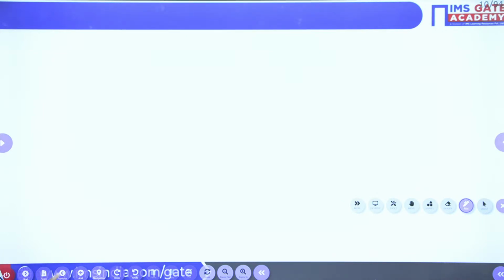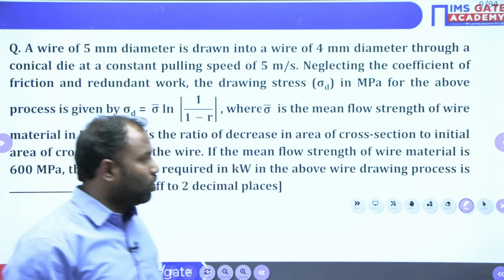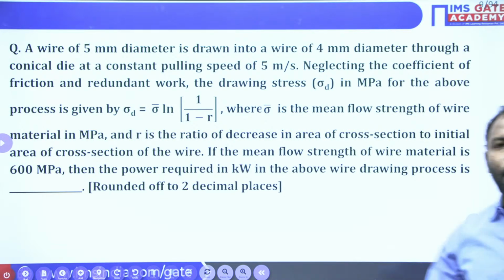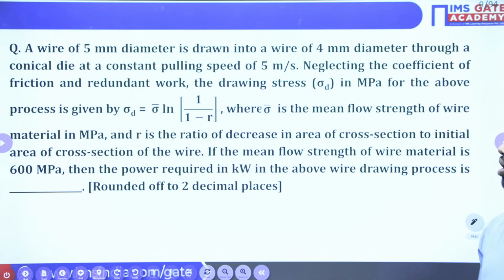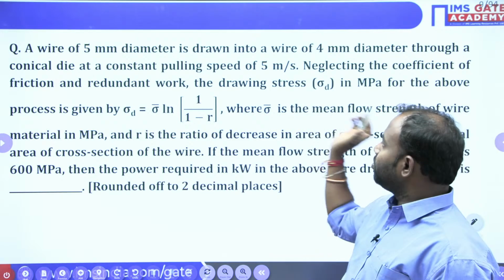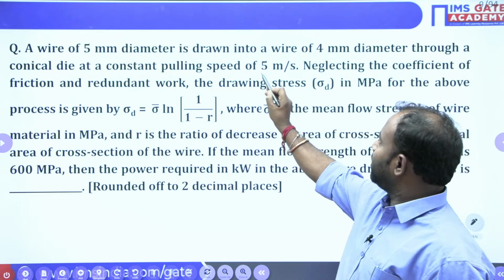Now let us go back to the question. Have a look at this question, guys. Wire drawing operation. A wire of 5 mm diameter is drawn into a wire of 4 mm diameter through a conical die at a constant pulling speed of 5 meters per second.